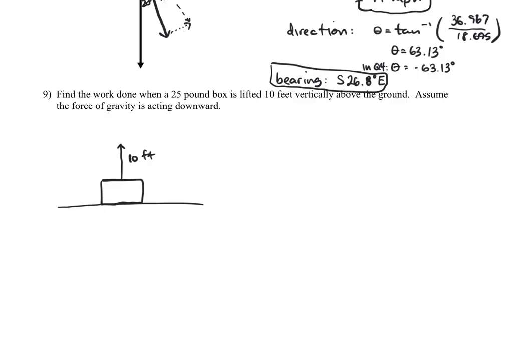The only force acting against it is gravity pulling it down. So in order to lift it up, we need a force this way of 25 pounds. So we need a force of 25 pounds that's in the same direction as the displacement vector.